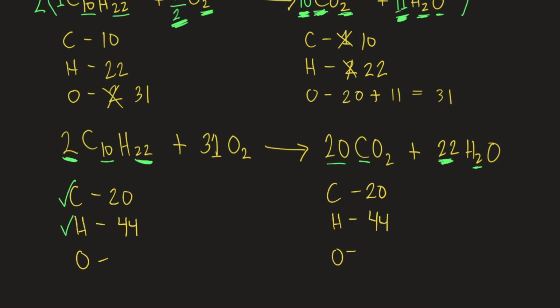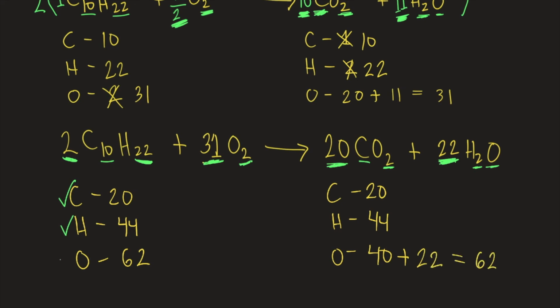So hydrogen is balanced. For oxygen, on the left side, that's 31 times 2, that's 62. And on the right side, 20 times 2 is 40 plus 22 times 1 is 22. 40 plus 22 is 62.